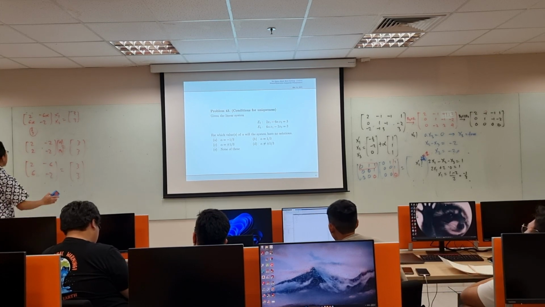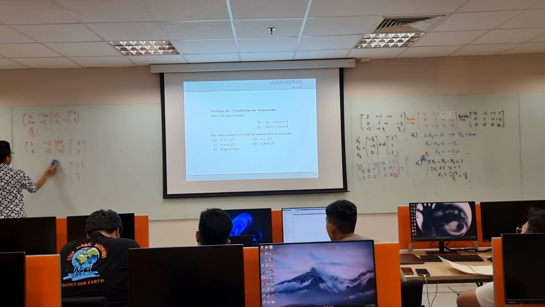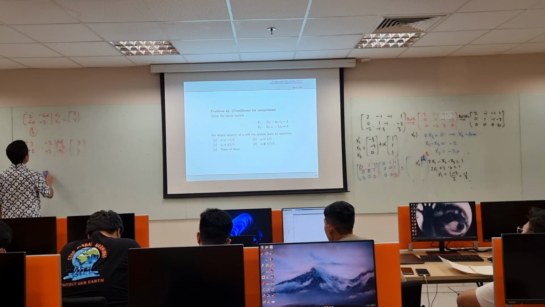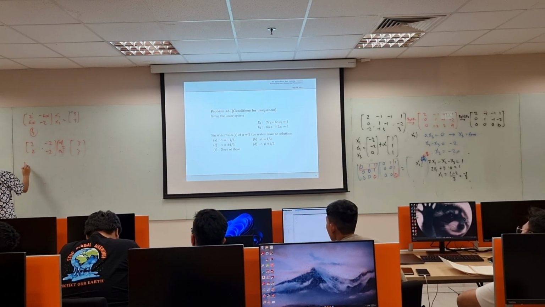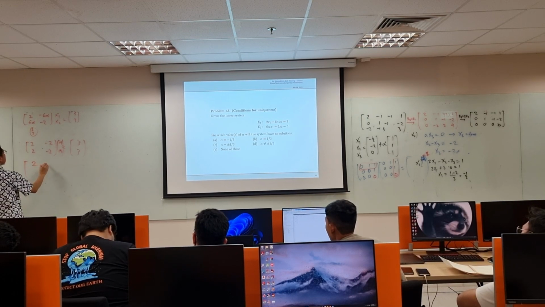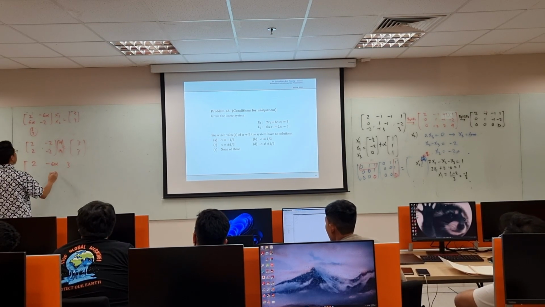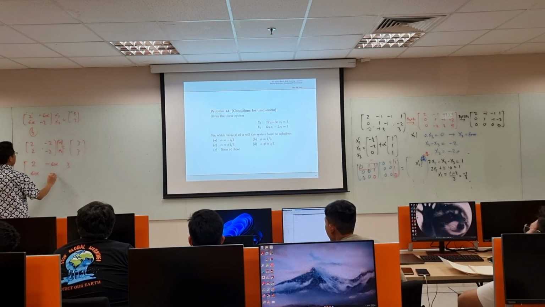I think it's better if we just keep the alpha in there and then do the elementary row operation. 2 minus 6 alpha, 6 alpha minus 2.